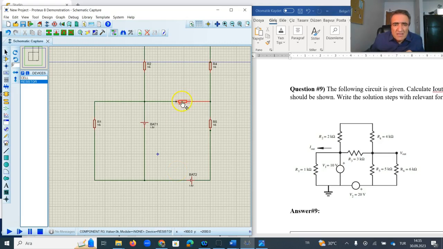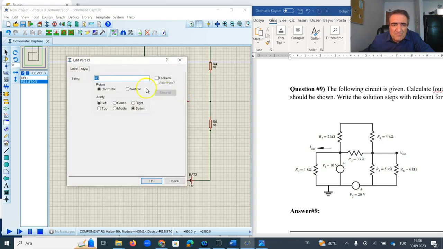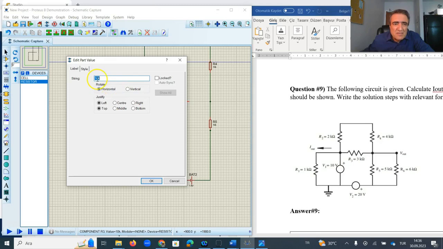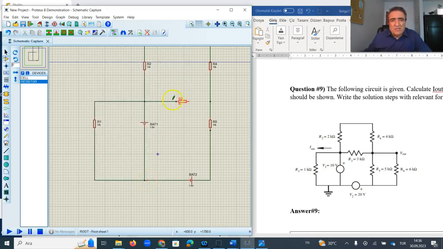And I want to change this resistor. Here resistor. Here and change the name. Yes, R3 is correct. And the value of it 3. We will change all of them. But first of all, I want to complete my circuit.